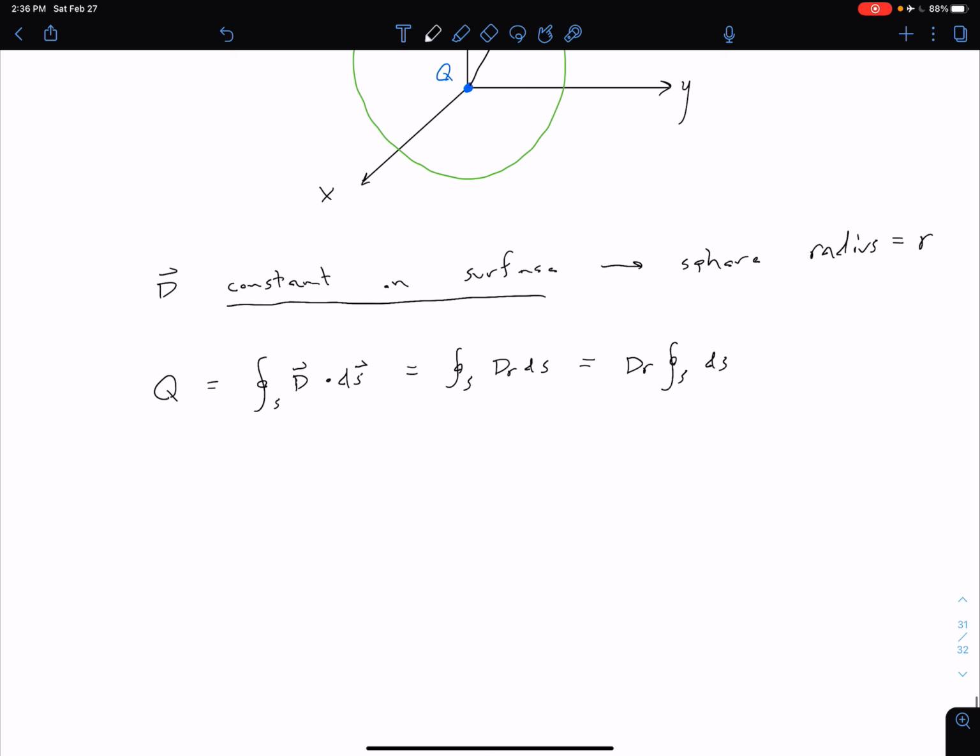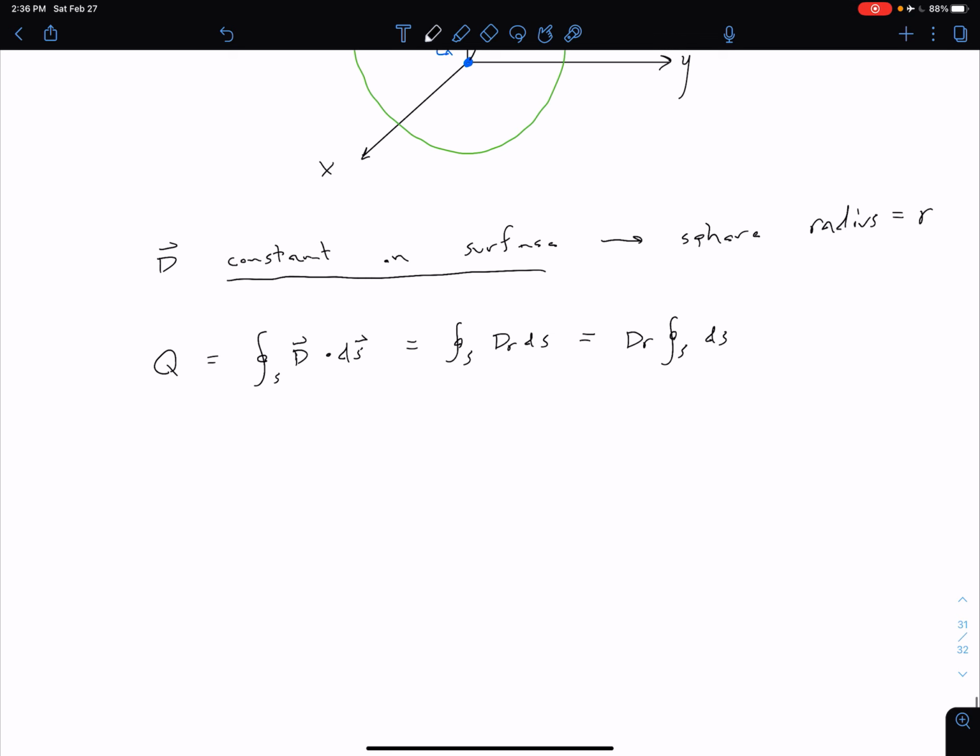And so now we're integrating over a dS. So we have Q equals D_r, and for this dS we have phi and theta varying. Phi is going from 0 to 2 pi, and theta is going from 0 to pi based on the limits for our ranges, and then our dS for this sphere is going to be r squared sine theta d theta d phi. That is our r direction dS from our spherical coordinates.